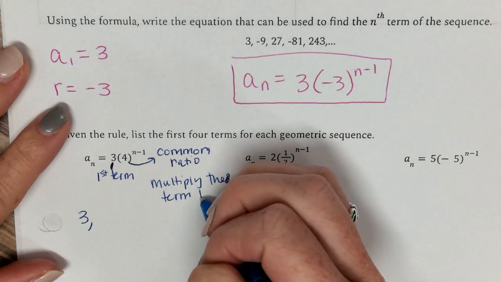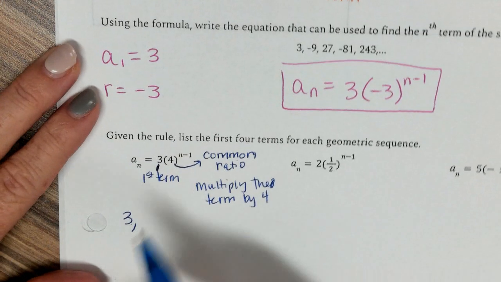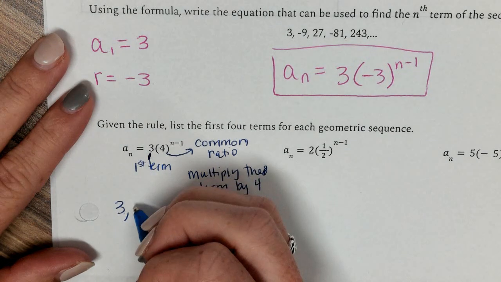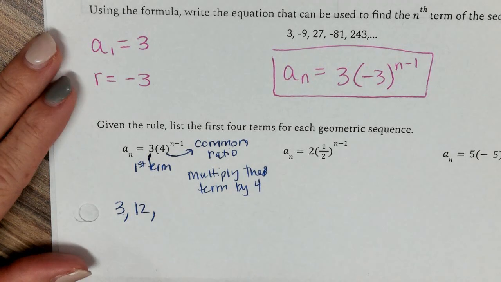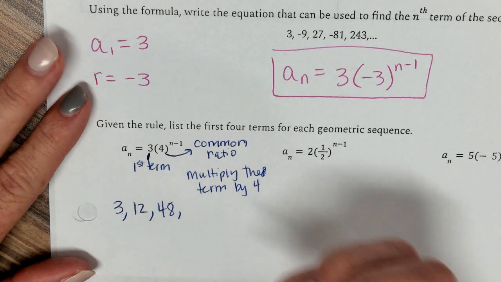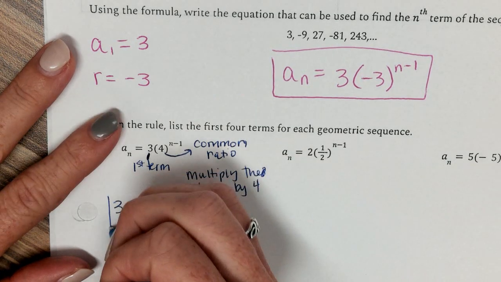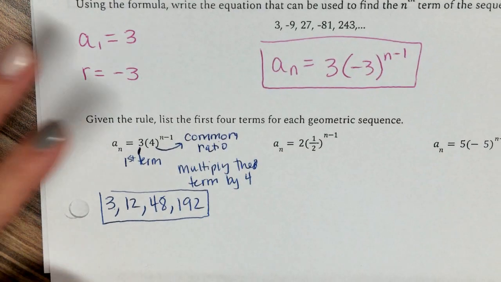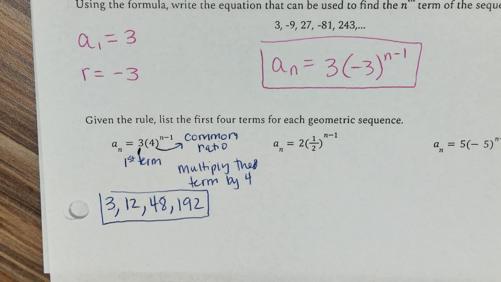So multiply the term by 4. So you would say 3 times 4 is 12. 12 times 4 is 48. And 48 times 4 is 192. And that's how you use the formula to get the first 4 terms of the sequence.